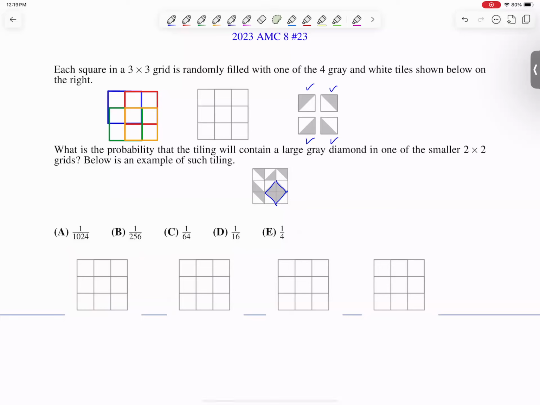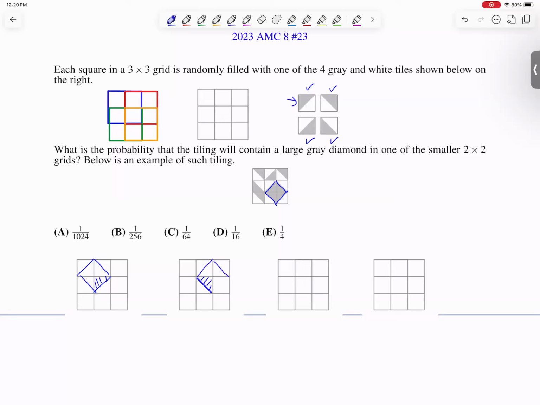To get that 2x2 gray diamond in the upper left corner, the center cell needs to be shaded in this orientation, then we can get it in here. To get it in the upper right corner, the center cell needs to be shaded in this orientation.